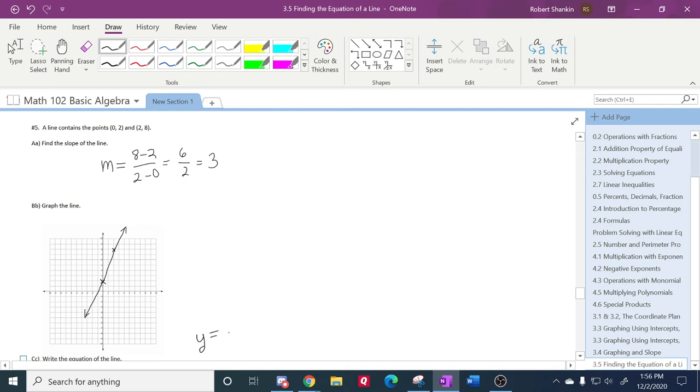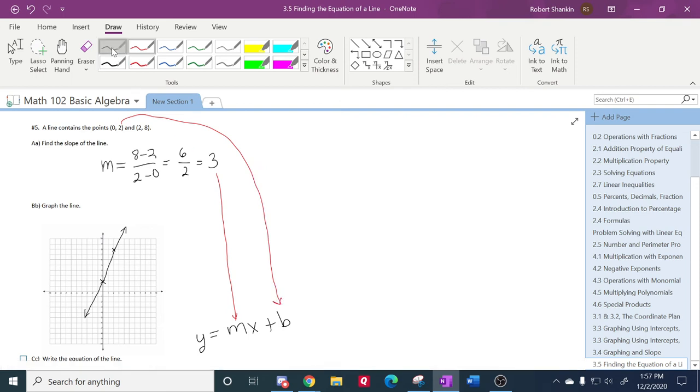Okay. So we're going to start with mx plus b, and this goes here. The y-coordinate of the y-intercept goes here. Now, it would be wrong to put another equal sign, because you need just one equal sign per statement.